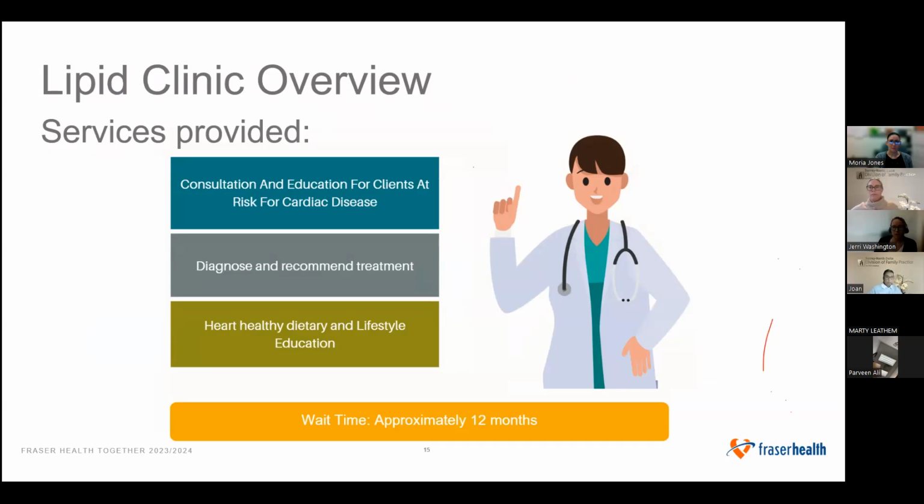We provide consultation and education for clients at risk for cardiac disease, diagnose and recommend treatment, and provide heart healthy dietary and lifestyle education. I'd like to point out that our wait time is quite lengthy at this time. It's greater than 12 months at this point. So just be aware of that when you are referring your clients.